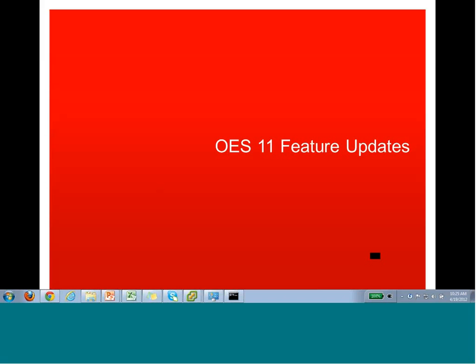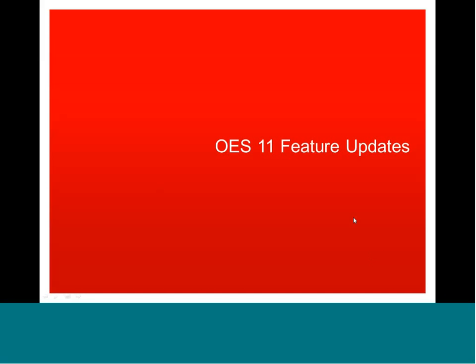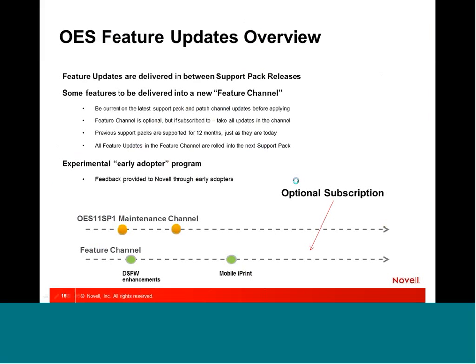Okay. So let's talk about something else we're calling OES 11 feature updates. In the past we've only shipped new features when a support pack came out, and depending on the timing, that could be anywhere from 12 to 18 months.